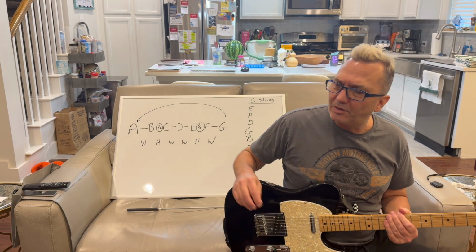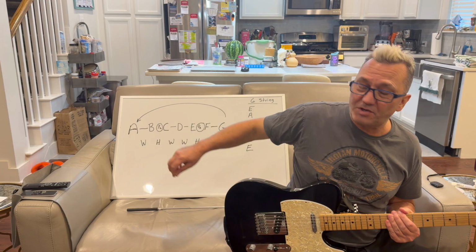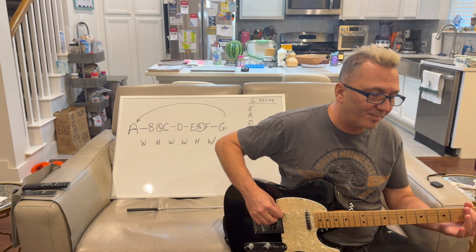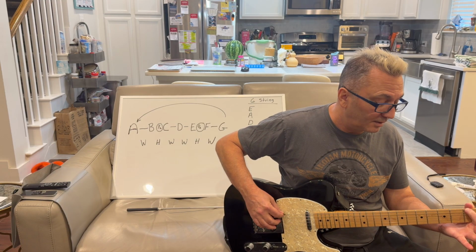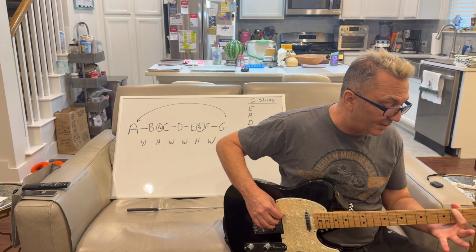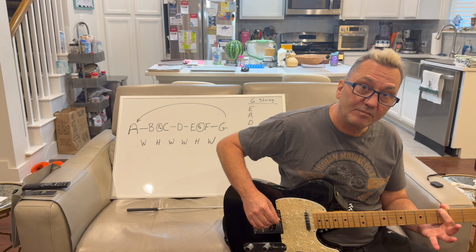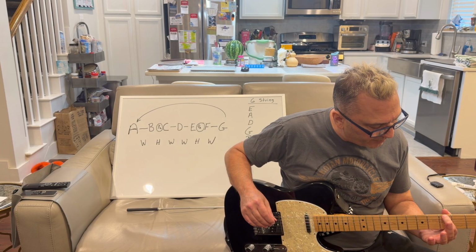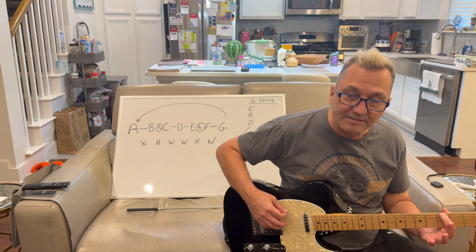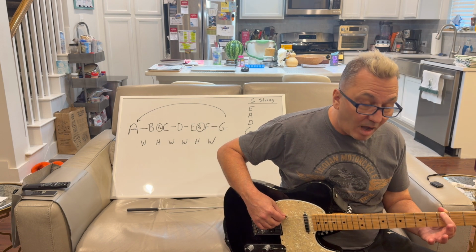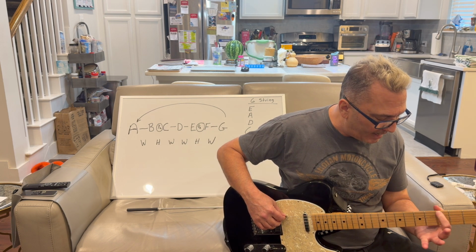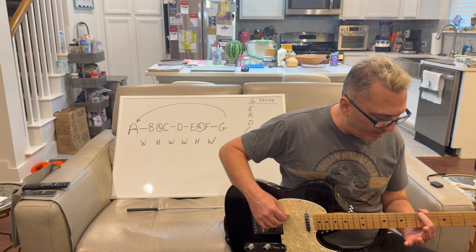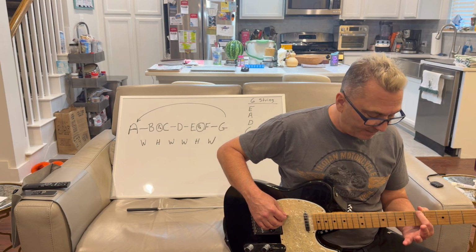So, if we were to go on the E and follow this chart, a half a step up from an E is an F. And a whole step, which is 2 frets up from that, is a G. Just so happens that that first dot on your fretboard is conveniently located at the G. A whole step up from that is A. Just so happens the second dot on your fretboard is located at A. And guess what?